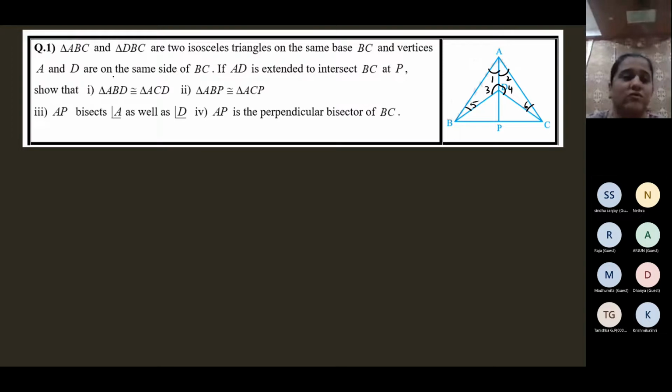You don't have to write them now, but keep in mind that you can use these results if needed. If you want to prove that some other two triangles are congruent and you don't have sufficient information, you can use the results of CPCTC from the congruency of these two triangles.